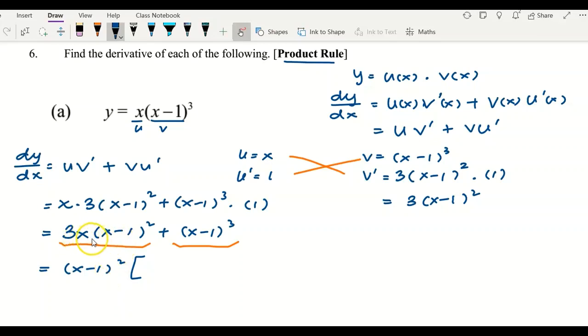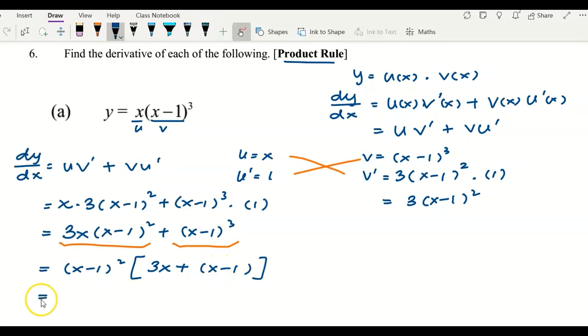It means you divide the first term and the second term by (x minus 1) squared. Just consider the first term: when you have 3x(x minus 1) squared divided by (x minus 1) squared, the (x minus 1) squared cancels off, and you have your 3x inside the bracket. Plus, for the second term, (x minus 1) cubed divided by (x minus 1) squared, the (x minus 1) squared cancels off, and you have (x minus 1) to the power of 1.